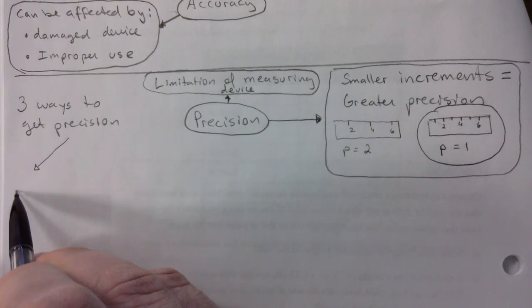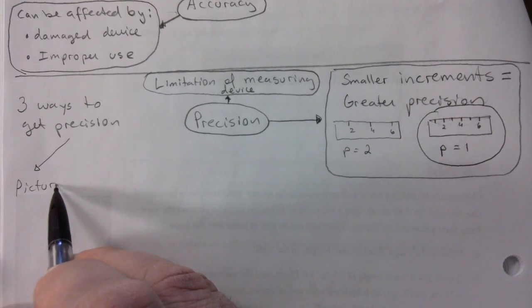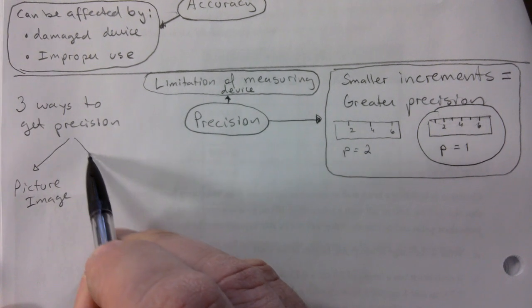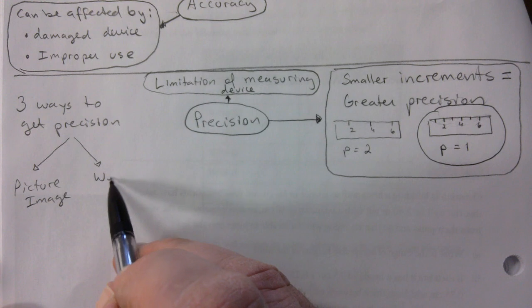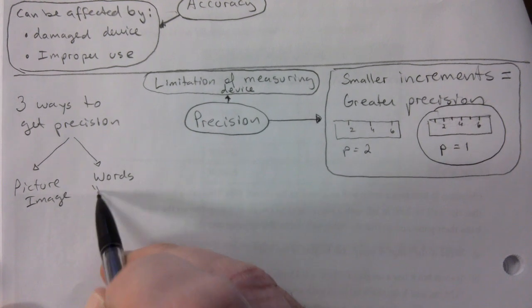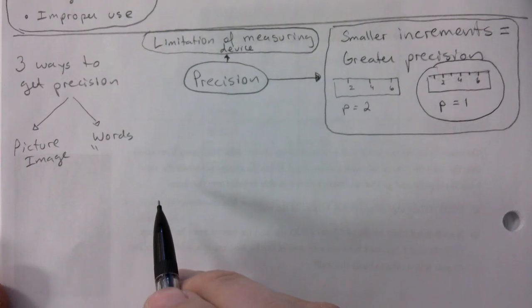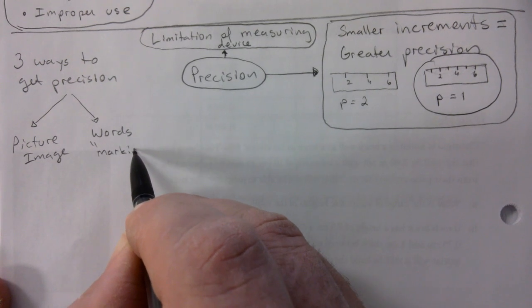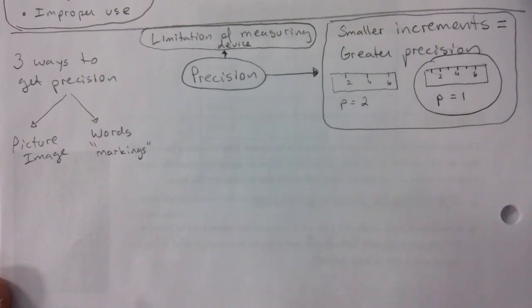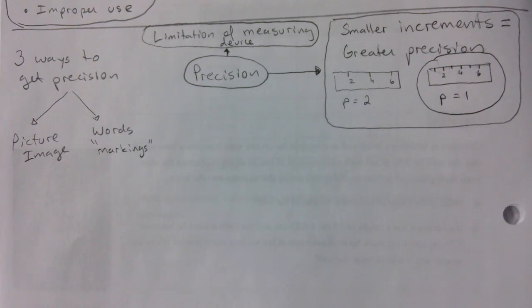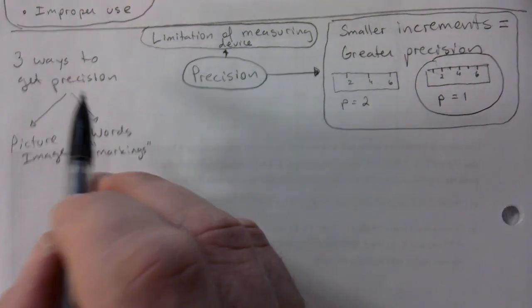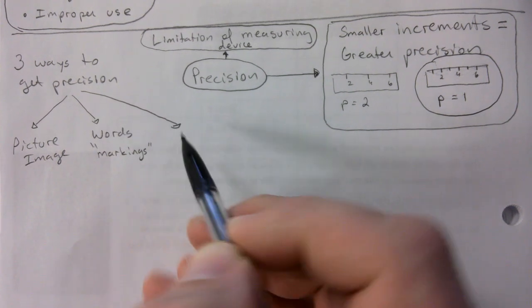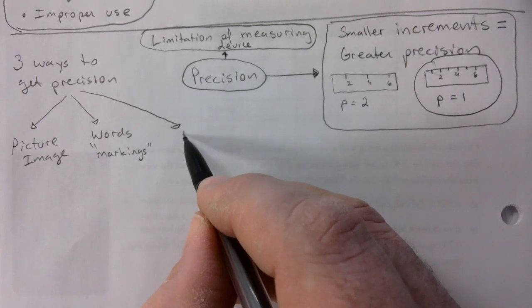You can get it out of a picture or image. You can get it out of words. And you want to look for markings. And last but not least, a number.